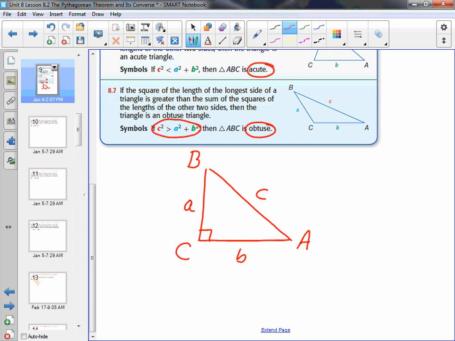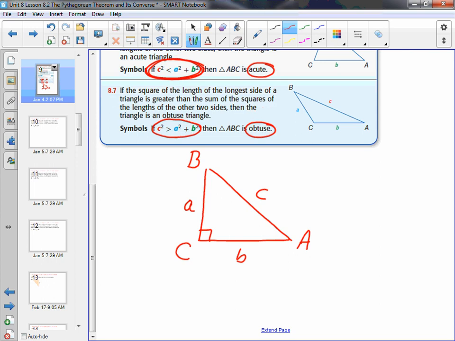Now angle C is either a right angle or it's not. If a squared plus b squared does equal c squared, C is a right angle. Now think of it this way. If the c squared is less than the sum of the other two, then angle C should be smaller than a right angle.